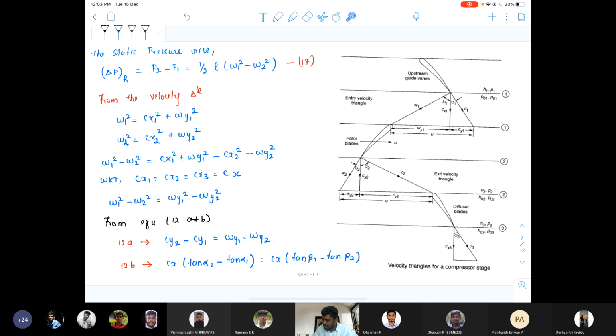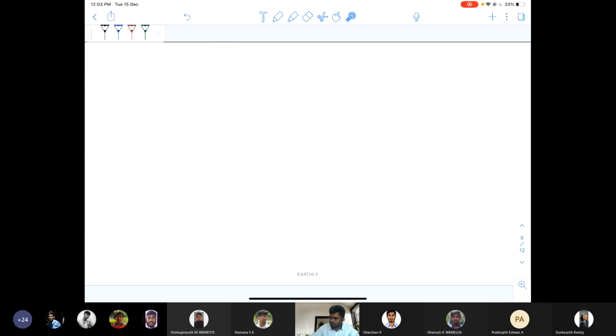This equation can be rewritten such that W1 square minus W2 square will be equal to Cx square into tan square beta 1 minus tan square beta 2.